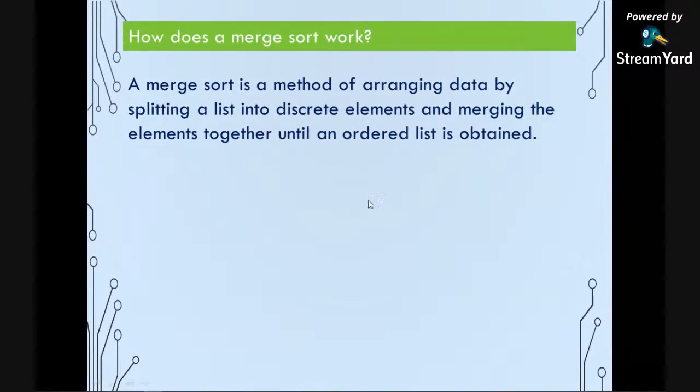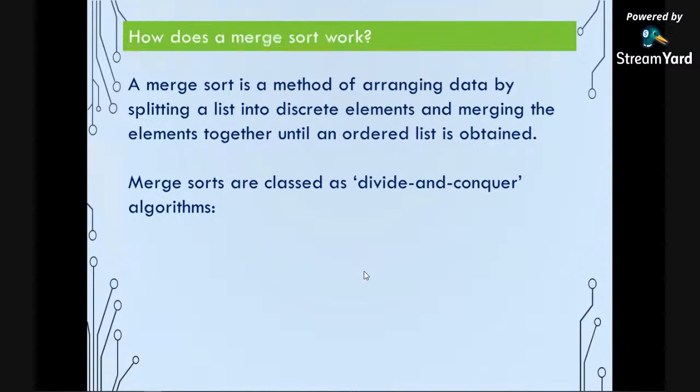A merge sort is a method of arranging data by splitting a list into elements and merging those elements together until an ordered list is obtained. This is what we call a divide and conquer algorithm. The binary search is another divide and conquer algorithm where you are dividing the effort in a way.